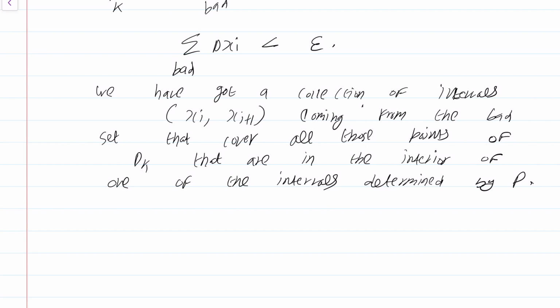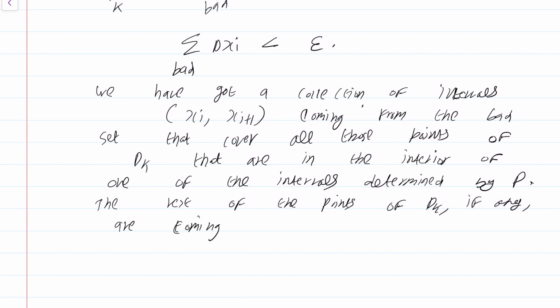Okay, so what about the rest of the points of D_k? Well, the rest of the points of D_k, if any, there might be none, are coming from P. Either a point is going to be in the interior of one of the intervals determined by this partition, or it's going to be an endpoint.